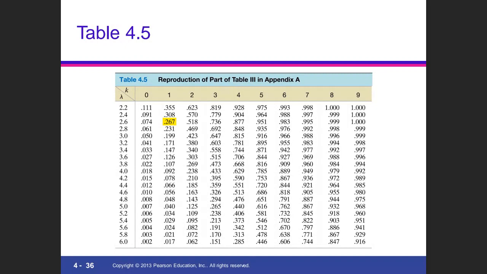Okay, so that table works for that particular number of lambda. Well, when the lambda is different, the table doesn't work. And now we need to use a different approach, a different tool, right?